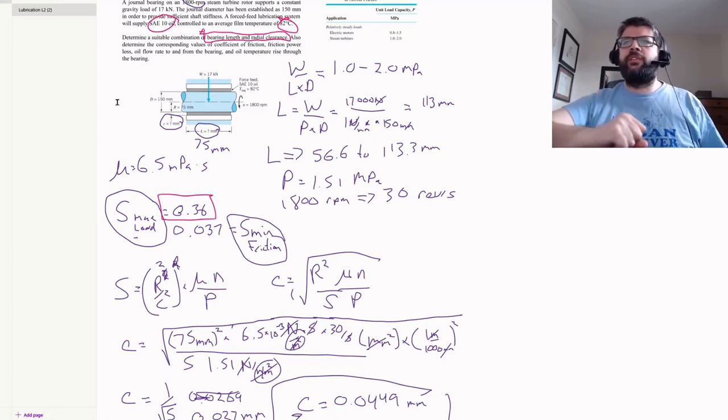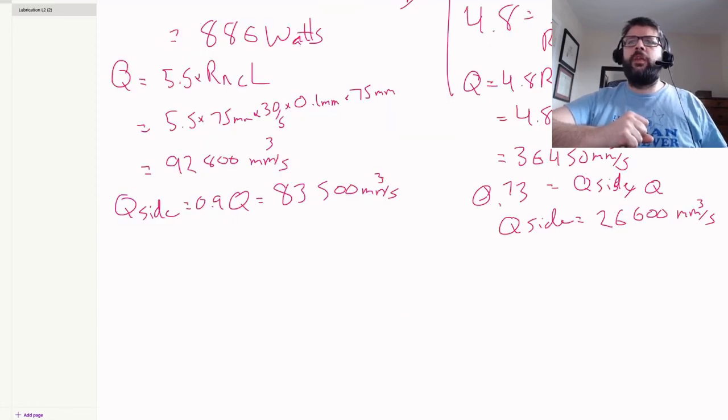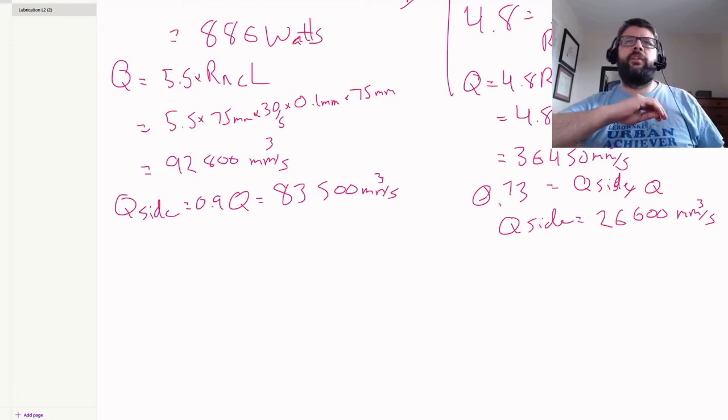So the oil temperature rise through the bearing is basically based upon the side flow. What we can assume here is that the temperature rise is based upon the flow rates and the heat generated by the friction.